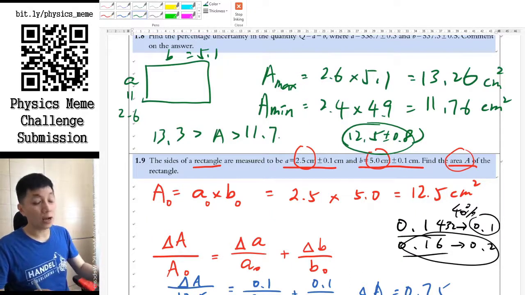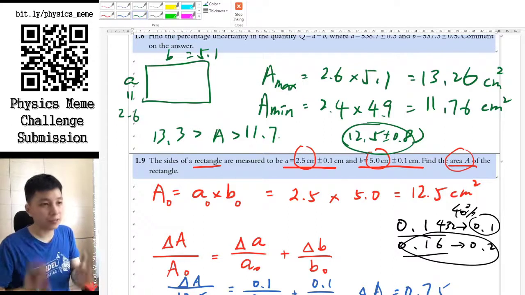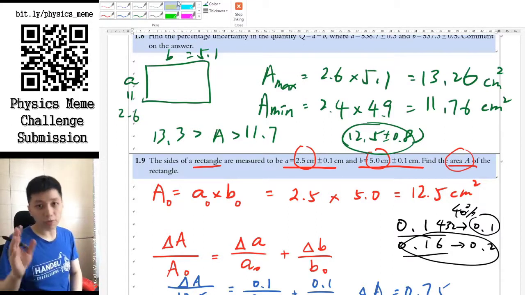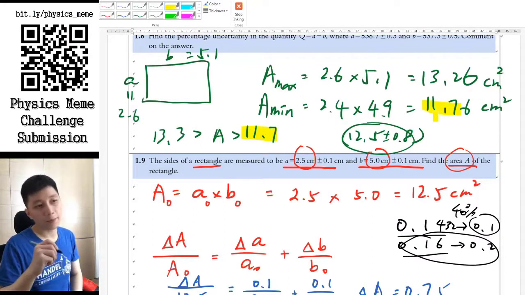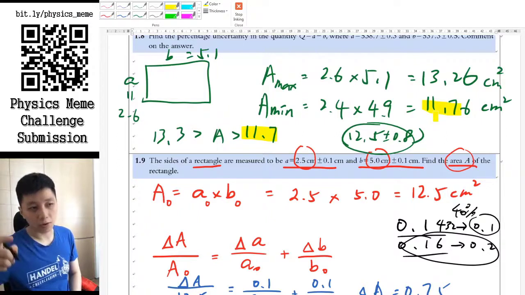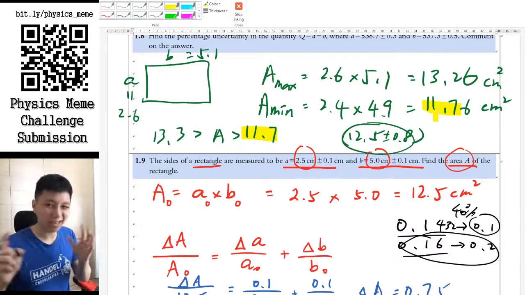So I hope you can understand and appreciate that this is close enough, really. Because if you look at 11.7, this is basically 11.7. In fact, 11.7 is even more, a little bit more, but I guess it's fine.